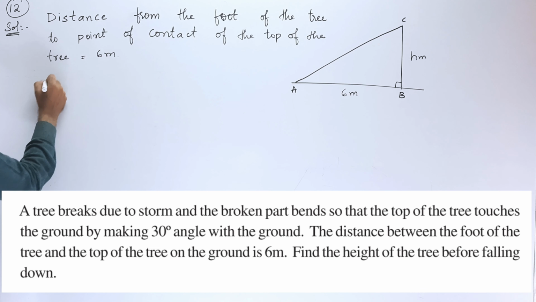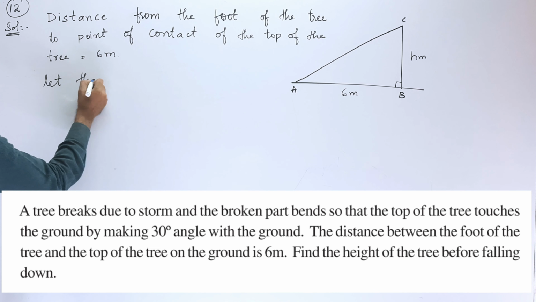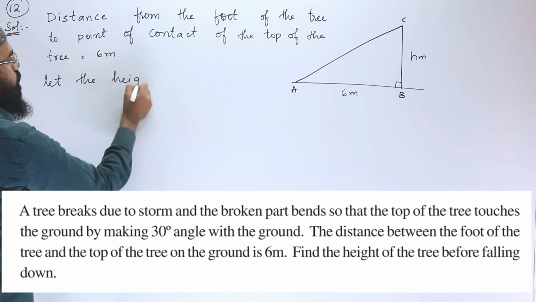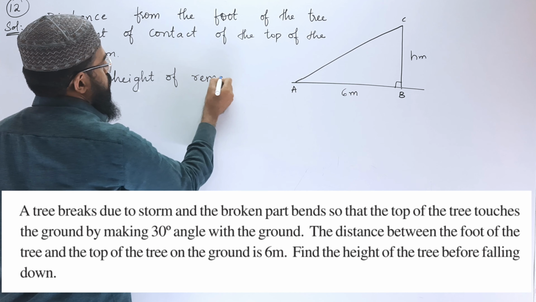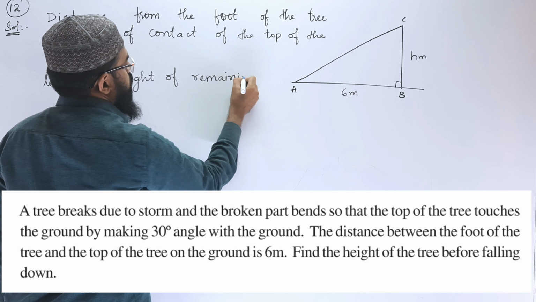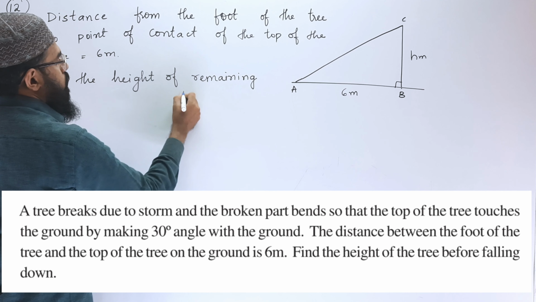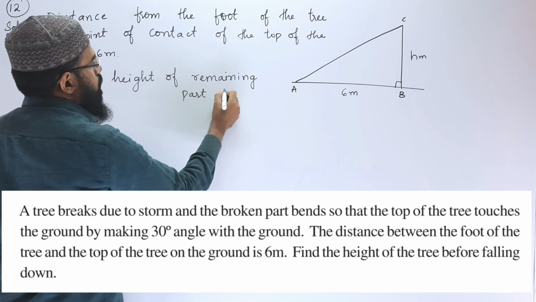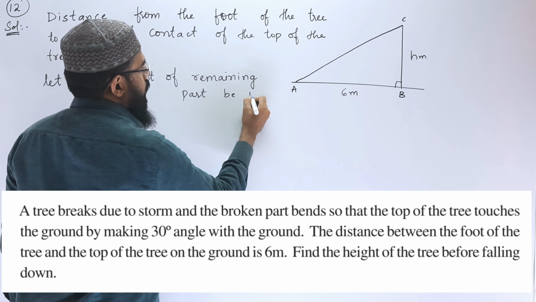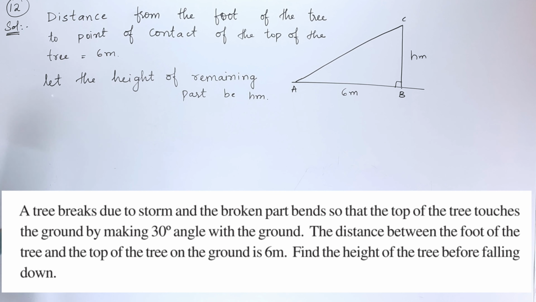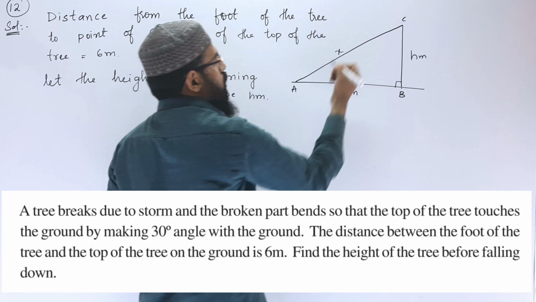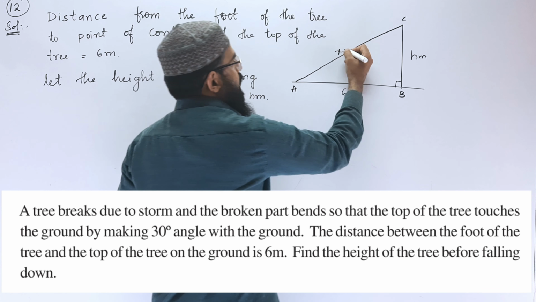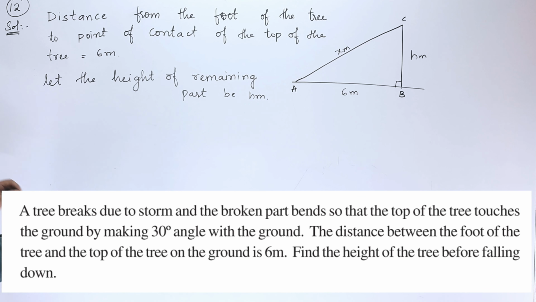Next, we will take the length of the remaining part be h meters. So let the height of the remaining part be h meter. Next, we will take the length of the broken part be x meter.